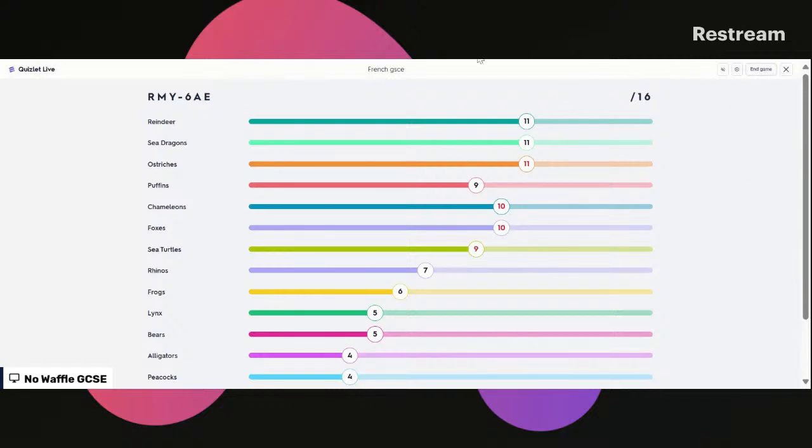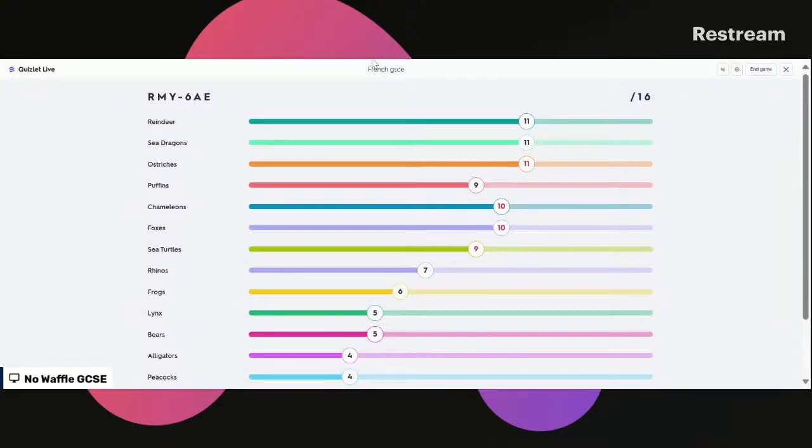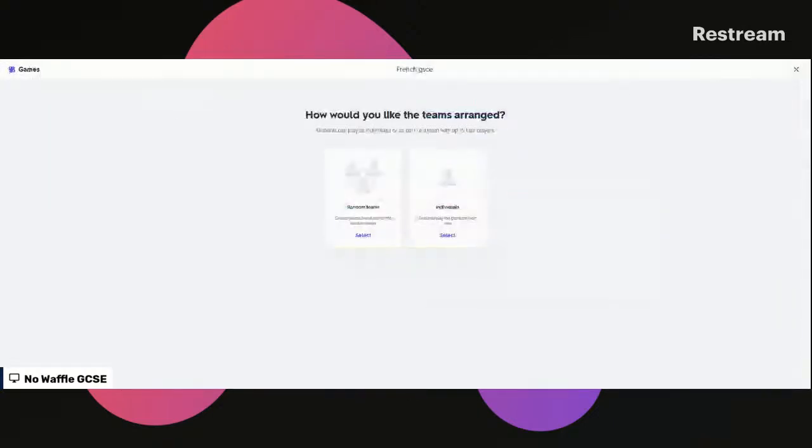Okay, we'll end the game because it's frozen. Yeah, it seems to be glitching a lot. It's not letting me end the game either. I'm gonna have to reload this.